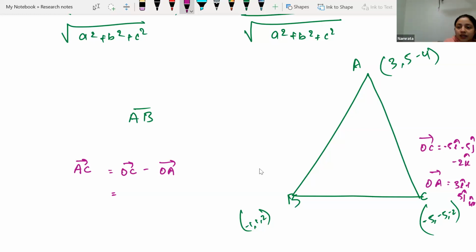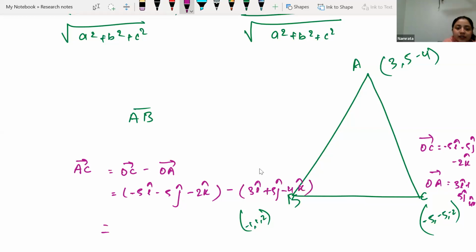So OC, here I have written that is minus 5I minus 5J minus 2K. OA will be 3I plus 5J minus 4K. Let's do the subtraction directly and quickly. Minus 5I minus 3I, minus 8I. Minus 5J minus 5J, minus 10J.